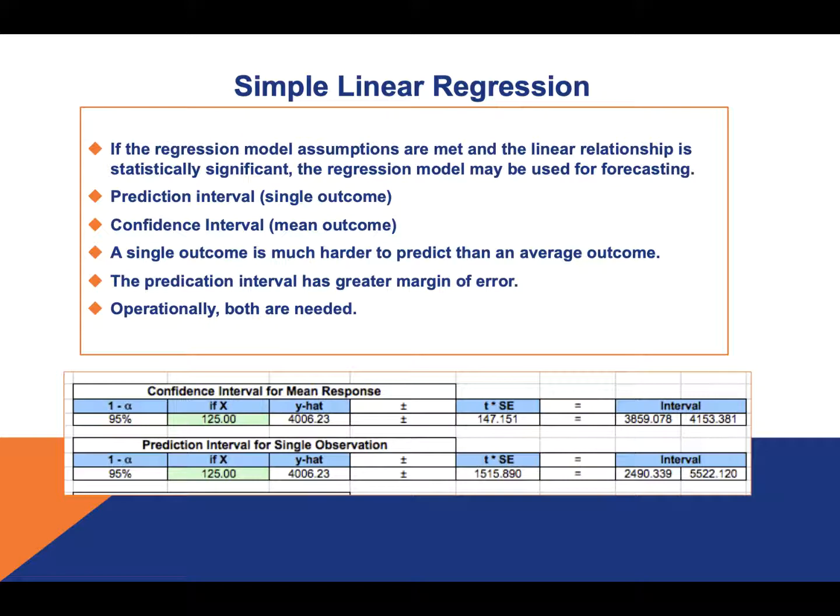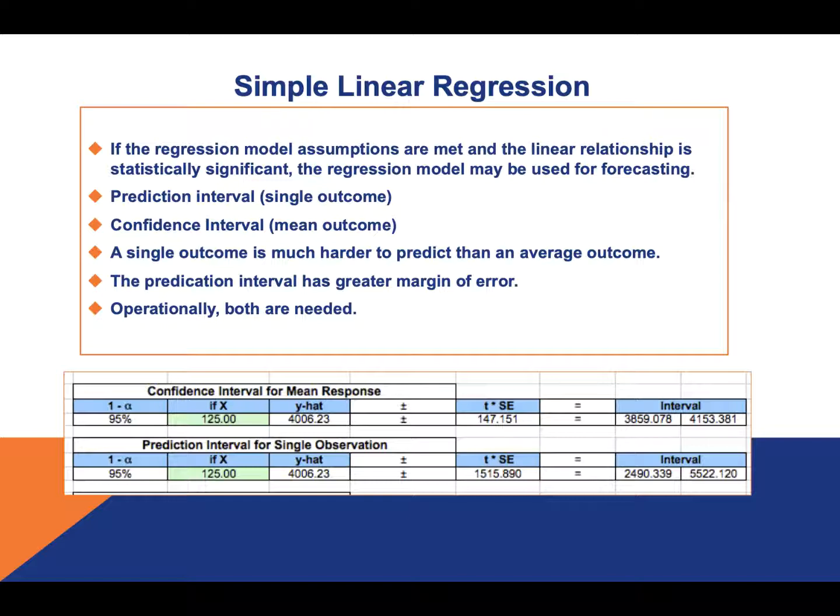For example, below we can see two forecasts. One is a prediction interval and one is a confidence interval. For the prediction interval, we would say we are 95% confident that spending for one cardholder with an income of 125,000 is somewhere in that range, while the confidence interval makes a forecast for average spending for all cardholders who have an income of 125,000.